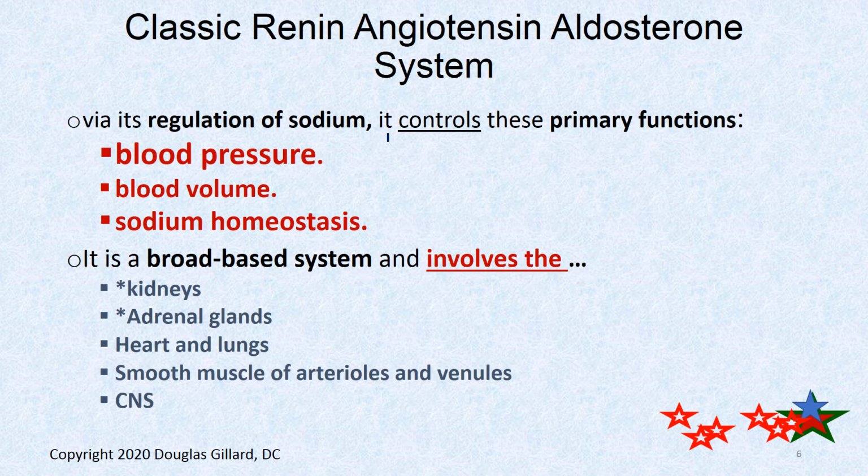Via its regulation of sodium, it has these effects then, and we just said it controls blood pressure, blood volume, and sodium homeostasis. It's an incredibly busy system, as you may remember. It starts in the kidneys, but it involves the adrenal gland, all layers of the adrenal gland, including the medulla, which people forget about.